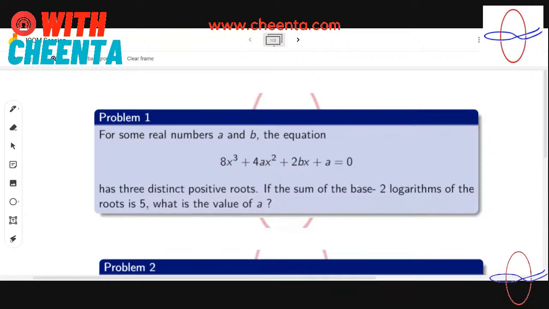So let's try to write it down. This is sort of an application of Vieta's formula and some basic ideas of logarithms. So what does it tell you?